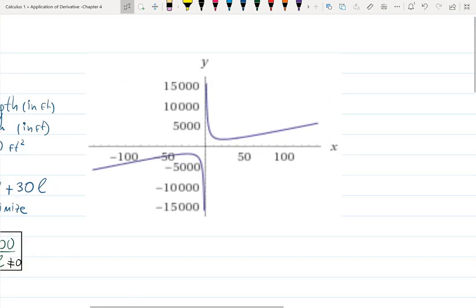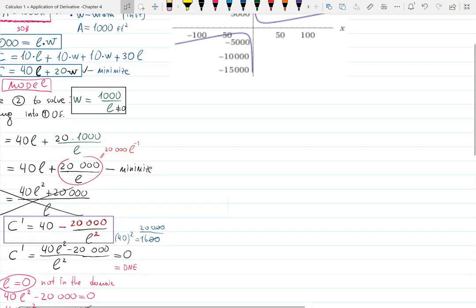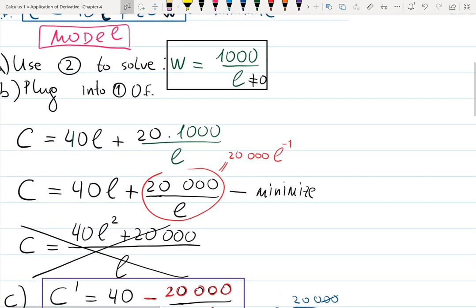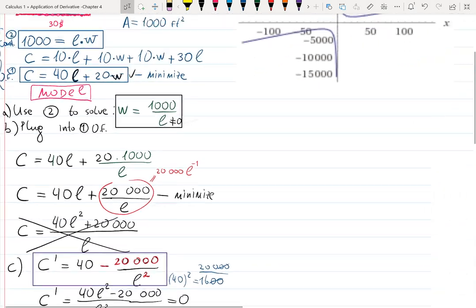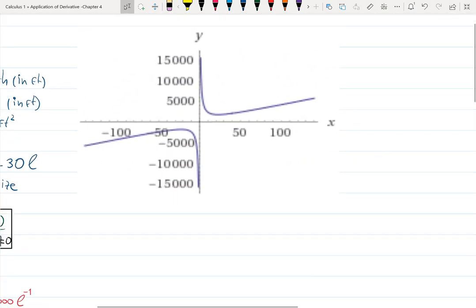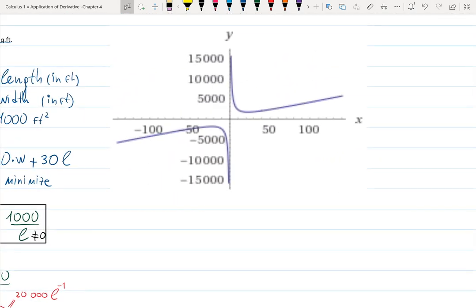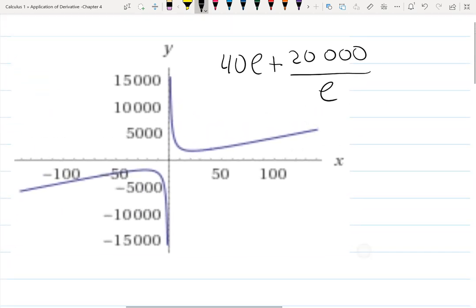This is the graph of the cost function in one variable: 40L plus 20,000 over L. Since we have division by L, the graph looks something like this.